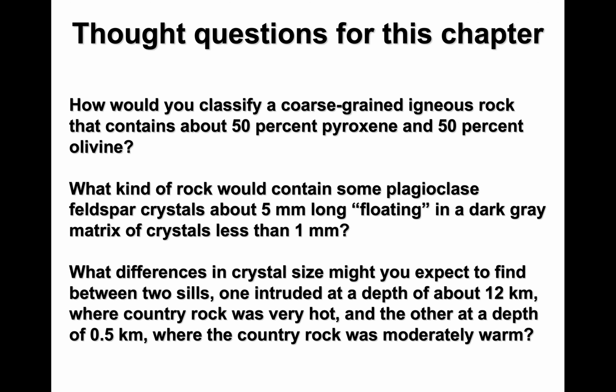So then the next short question is, what difference in crystal size might you expect to find between two sills? Yeah, your sills, you know, these are the dikes. One intruded at a depth of about 12 kilometers, where the country rock was very hot, and the other one at a depth of about 0.5 kilometers, which is very close to the surface, where the country rock was moderately warm.